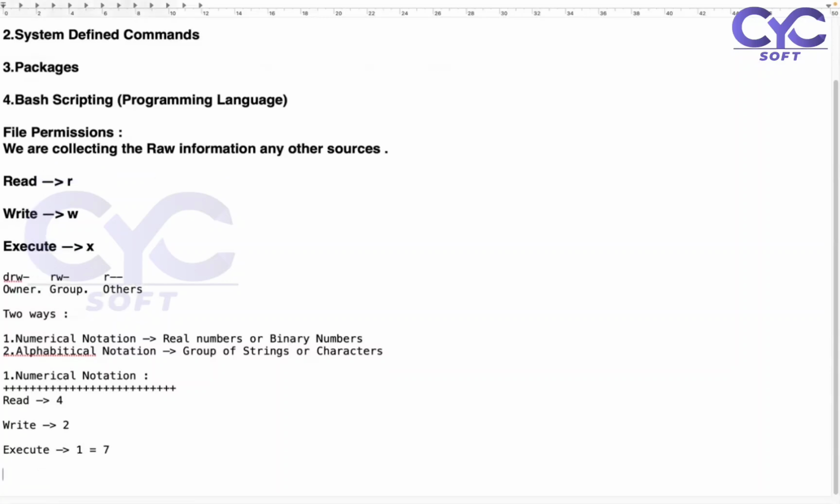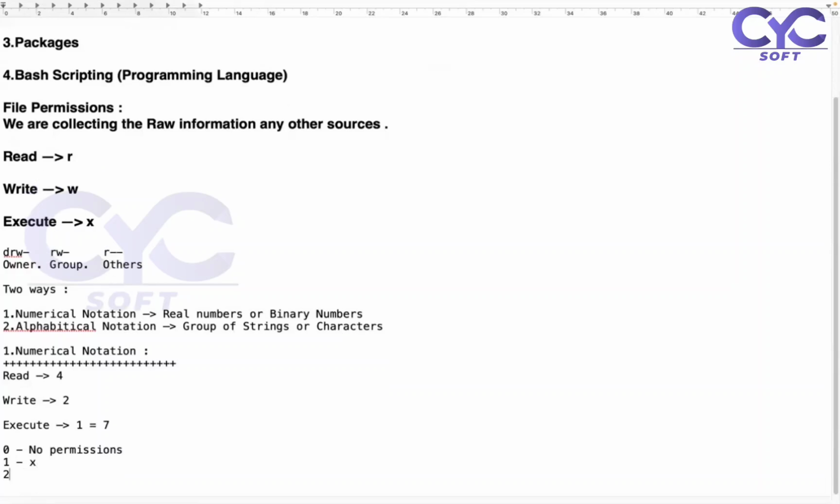So for this, first, 0 stands for no permissions. And 1 stands for execute. Okay, 1 stands for execute. 2 stands for write, and what is 3 here?